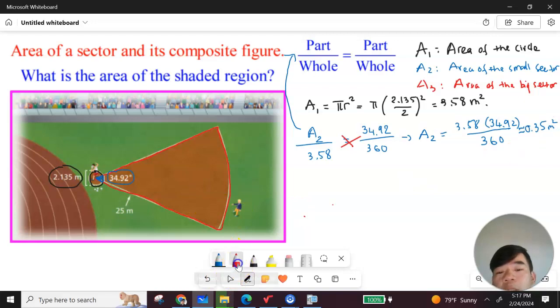Now we're going to move on to the third one, which means A3, the big sector right here. Again, we use the formula part over whole equals part over whole. Part means A3. The whole is the circle that contains the big sector, which is the one right here.